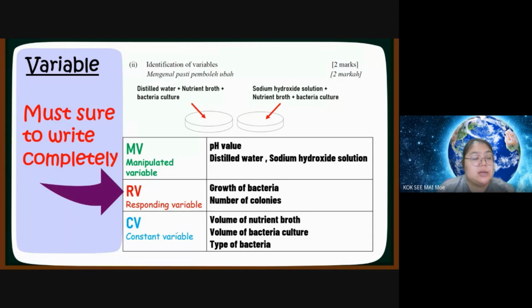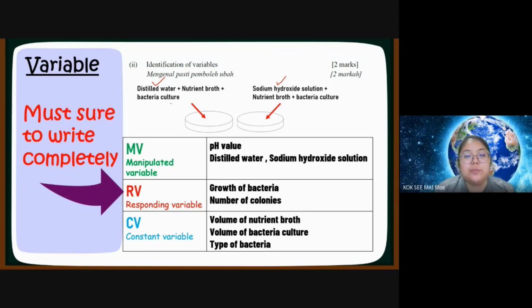Okay, CV is the constant variable. Just now we talked about distilled water and sodium hydroxide, which are already the manipulated variable. So the rest, nutrient and bacteria, are sure constant variables. But you need to add a quantity to explain. You cannot just say nutrient broth. How much nutrient broth?